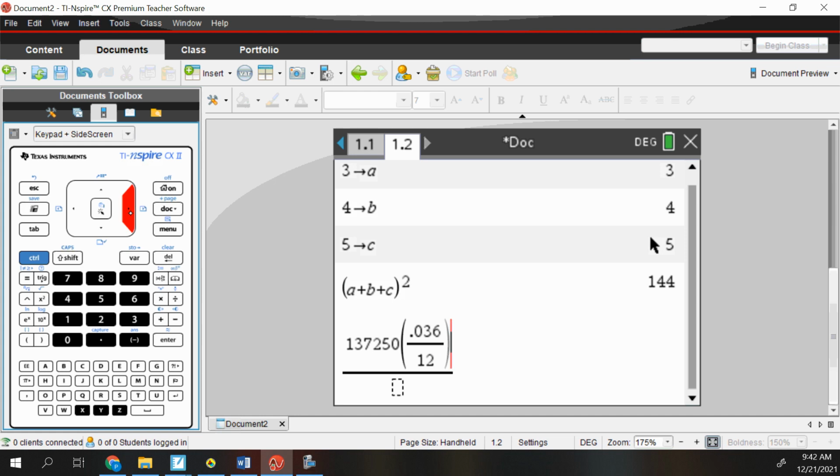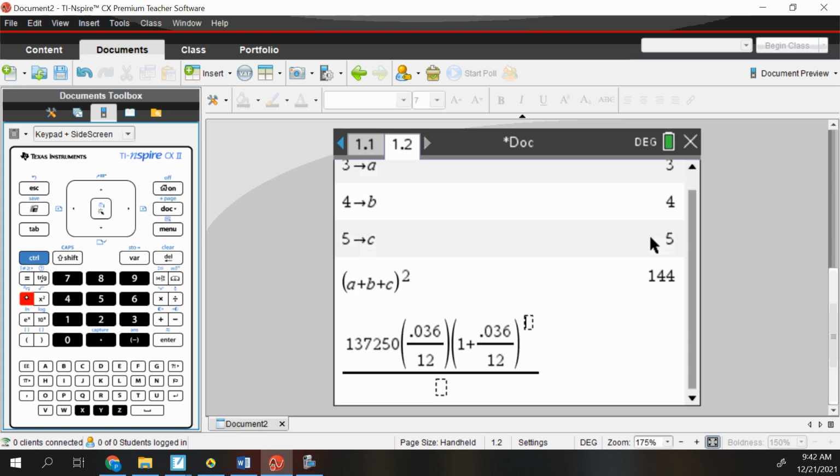Get out of the parenthesis, but still in the top of the fraction, do another parenthesis. We'll have 1 plus. We got another fraction, so we'll do control divide again. 0.036 over 12. Right arrow to get out of the parenthesis, and we got to raise that to the 360.